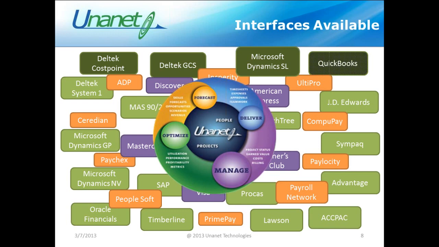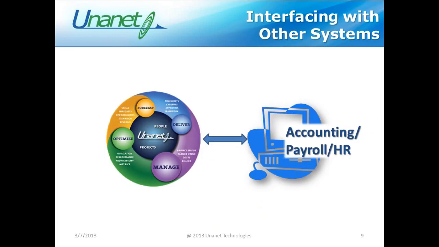So while we're talking about interfacing, let's make sure we're all using the same terms. So we know we have Unanet, which is displayed on the left, and you know that you have some kind of other systems in your company. You probably have an accounting system, you have a payroll system, an HR system, you have all these other systems. So when I'm saying the word export, what I'm talking about is being able to transfer data from Unanet into one of those other systems.